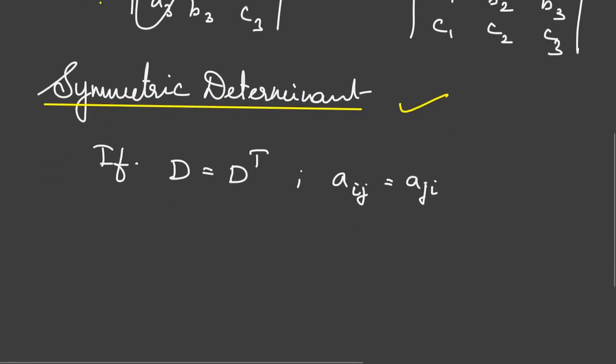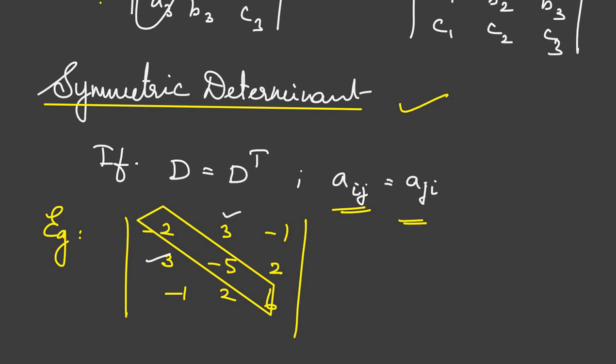For example, for a symmetric determinant, we can take a determinant where A12 is equal to A21, A13 is equal to A31, and A23 is equal to A32. Therefore, we say it is a symmetric determinant.